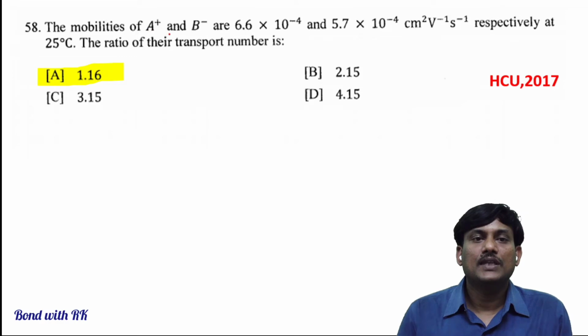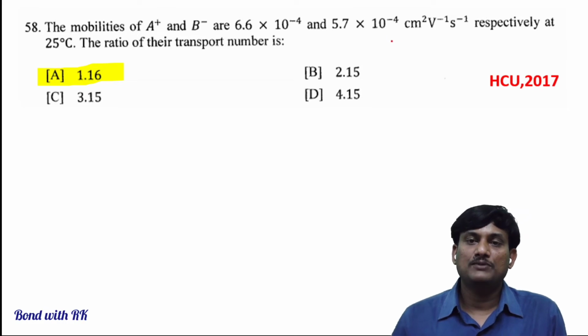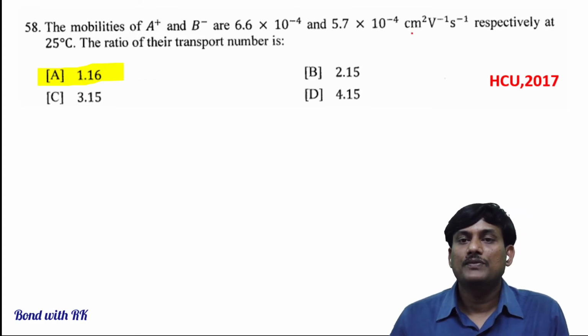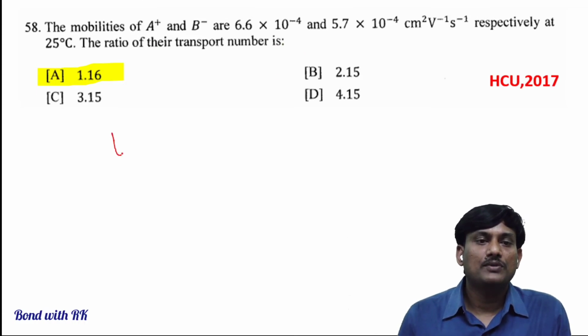The mobilities of A plus and B minus are 6.6 into 10 to the power of minus 4, 5.7 into 10 to the power of minus 4 centimeter square volt inverse second inverse, respectively at 25 degrees centigrade. The ratio of the transport numbers is transport number of positively charged cation and transport number of negatively charged anion.